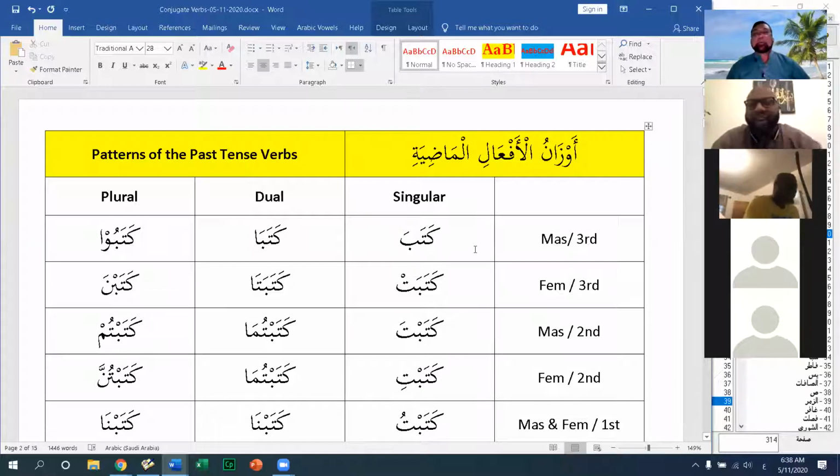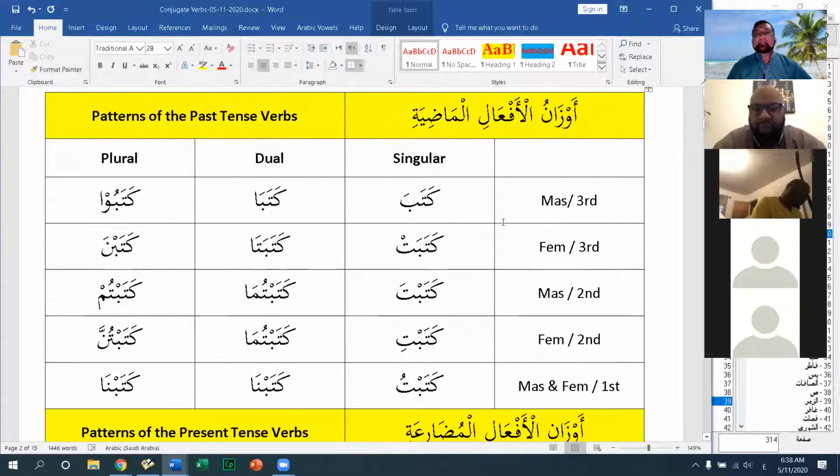Hiya katabat. And then anta katabta. Then anti katabti. Ana katabtu. Good. And then let's do the dual for past tense and then we'll go to present tense.